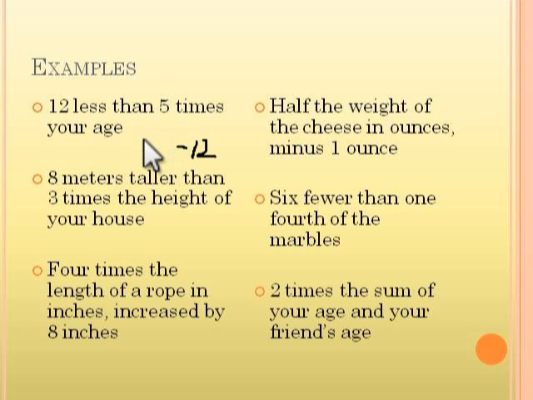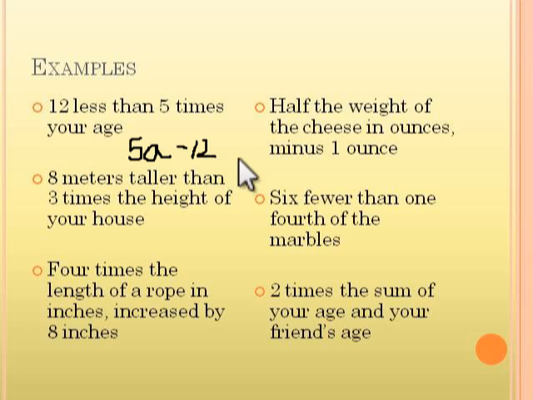The word times, of course, means multiply. So 5 times, and here's what I don't know, is my age. I'm going to let A represent age. So this would be the expression. Remember, expressions don't have equal signs. The expression for 12 less than 5 times your age.